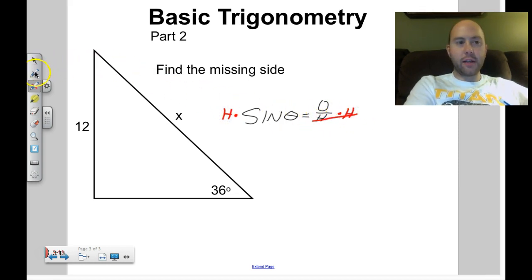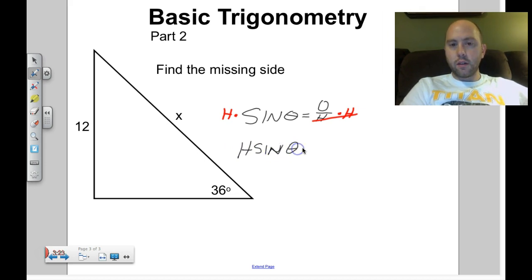So that cancels there, and I'm left with hypotenuse times sine theta equals opposite. Now, again, I don't want this sine theta here, I want hypotenuse by itself.